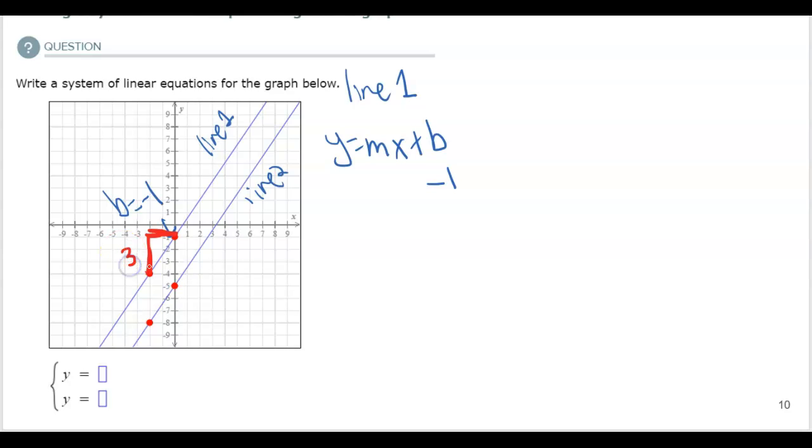I rose 3. I ran 2. So I rose 3, ran 2. So rise over run. And that's what that equation would look like.